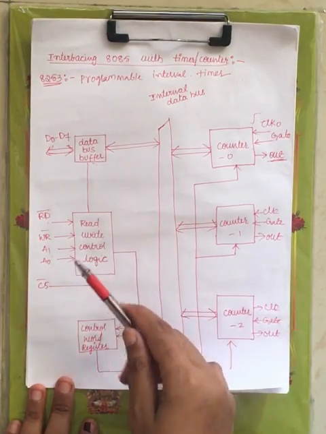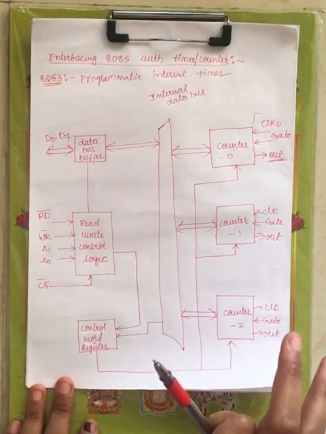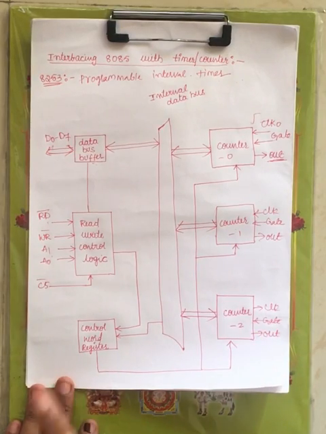Now coming to the read and control logic, here you have 5 signals. The first signal is the read signal, through which you can read the data, next the write signal, through which you can write the data, and next the chip select. The read signal, write signal and chip select are active low signals, that means they are operative for logic 0.